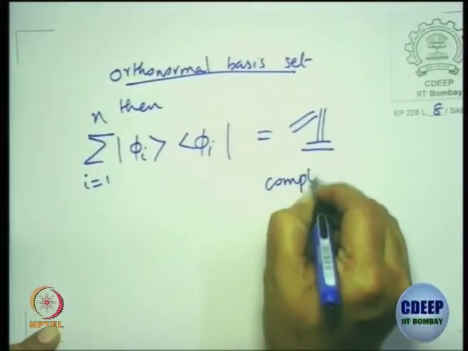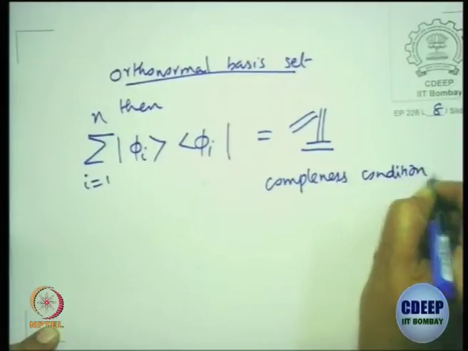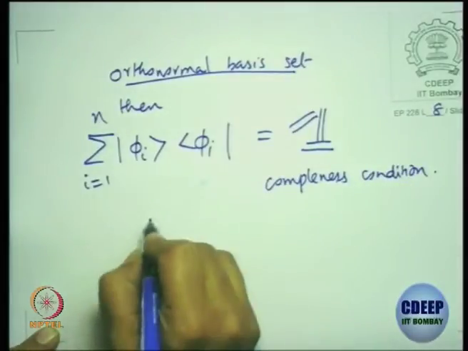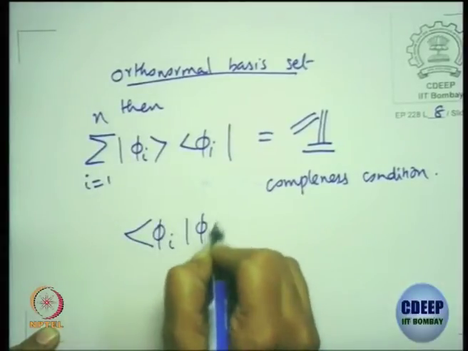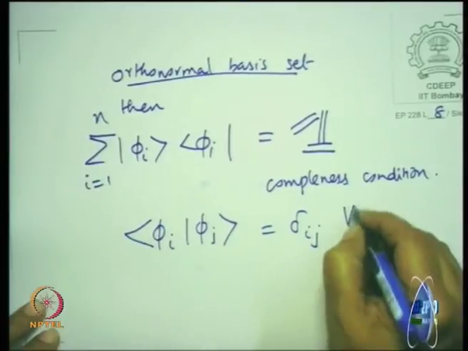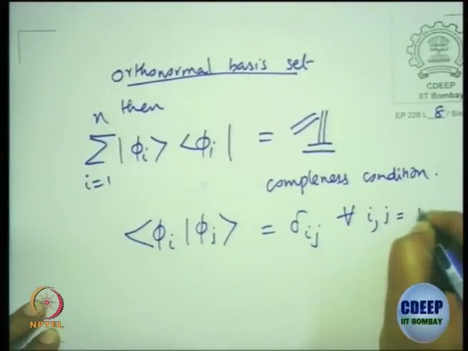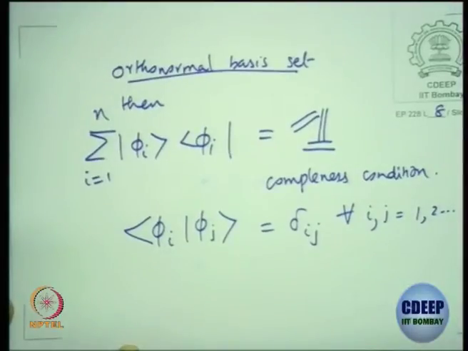This is called the completeness condition, and once you say it's an orthonormal basis, it's understood that <phi_i|phi_j> is delta ij for all i, j, which is 1 to n. What else?